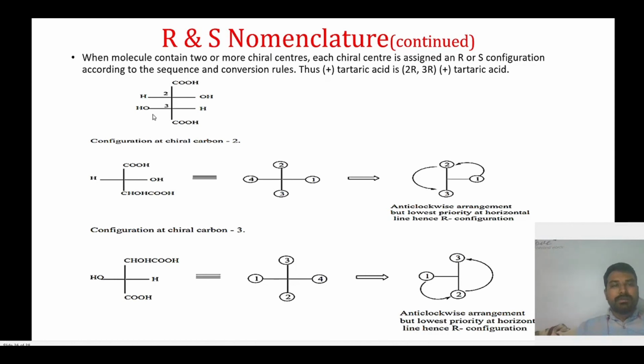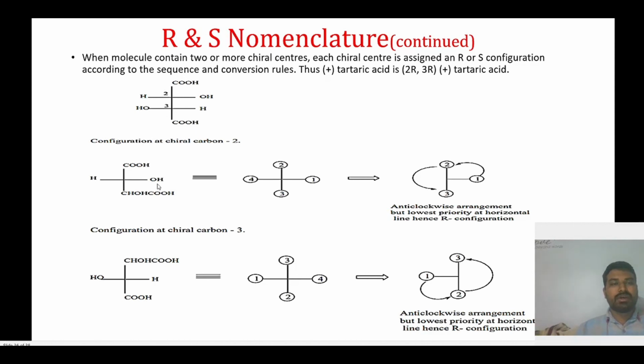Now here are some examples when a molecule contains two or more chiral centers. Each chiral center is assigned an R or S configuration according to the sequence and conversion rule. Thus plus tartaric acid is 2R and 3R, over here carbon number second and third. Both C2 and C3 are R configuration.